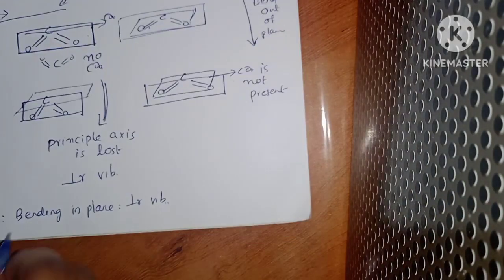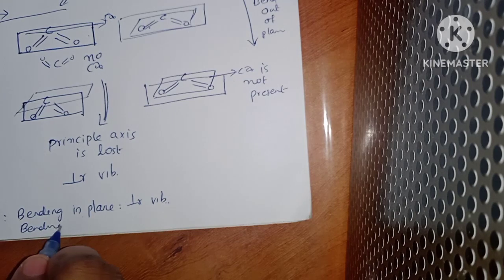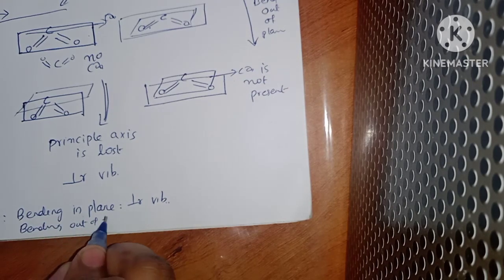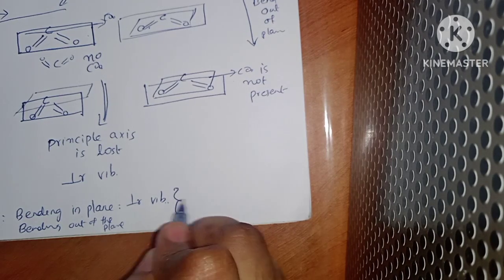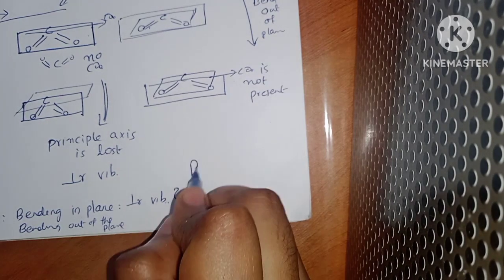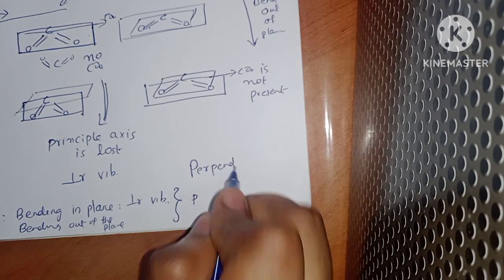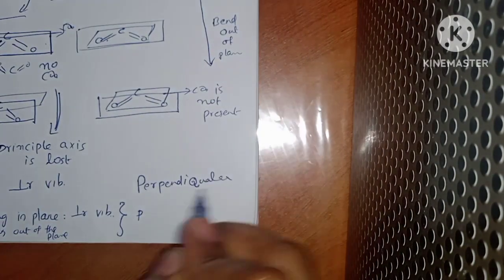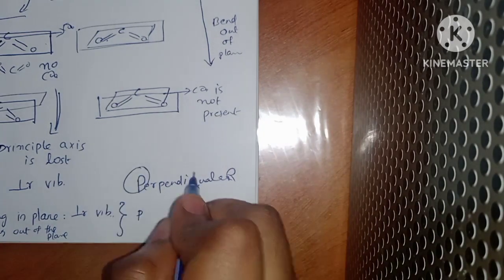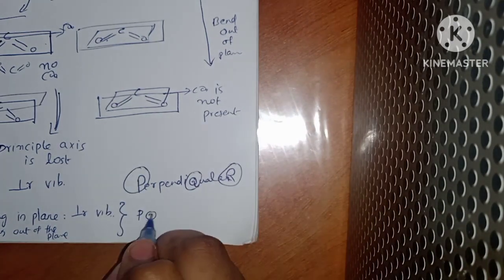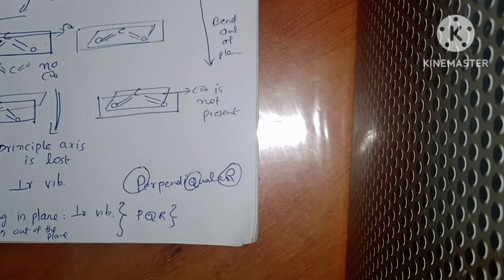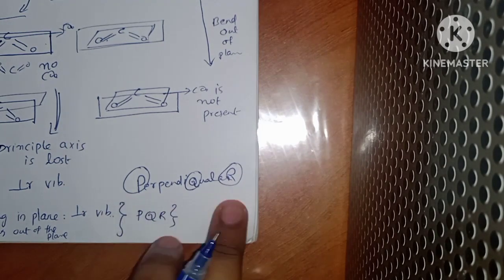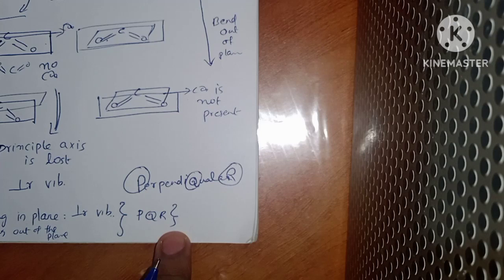So both the bending in plane and bending out of the plane are perpendicular vibrations, and these two vibrations will give perpendicular. If we can pronounce Q here, perpendicular. So PQR. Now we cannot easily forget. If we study like this, perpendicular will give PQR branch.